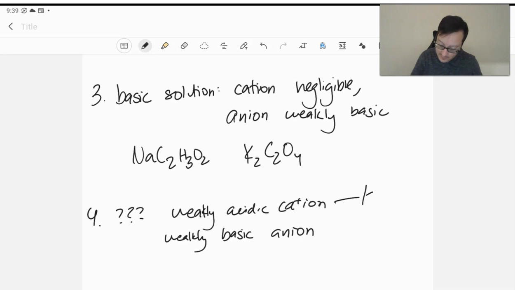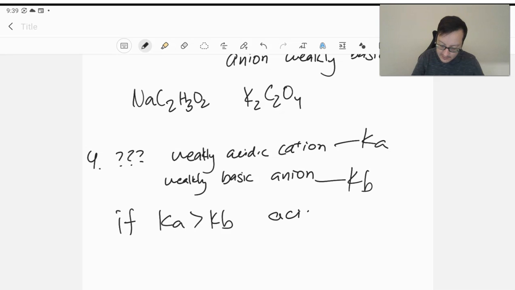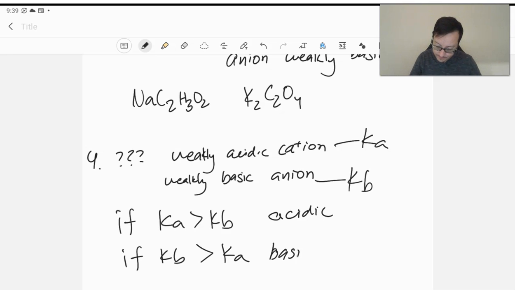Compare the Ka of this one and the Kb of your base. Whichever one of these is higher will determine what your solution will be. If Ka for your acid is bigger than Kb for your base, then you have an acidic solution. If the Kb is bigger than Ka, then you have a basic solution.